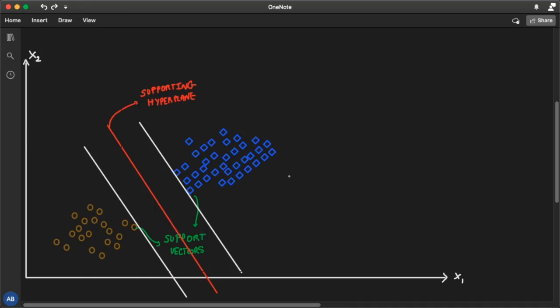Well, I did explain this in one of my convex optimization application lectures, which I'll be leaving down in the description section below. And I'll repeat the derivation over here because I want to also extend it to nonlinear SVMs.